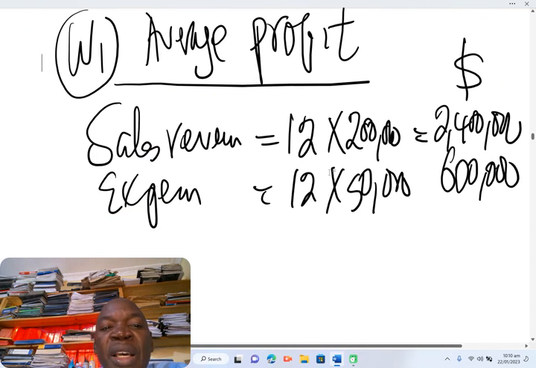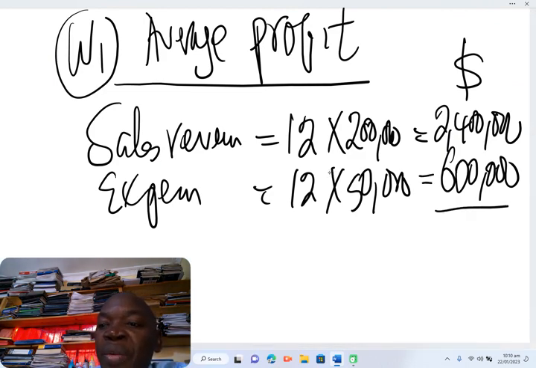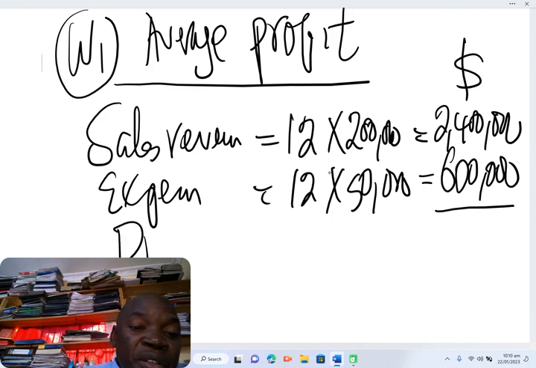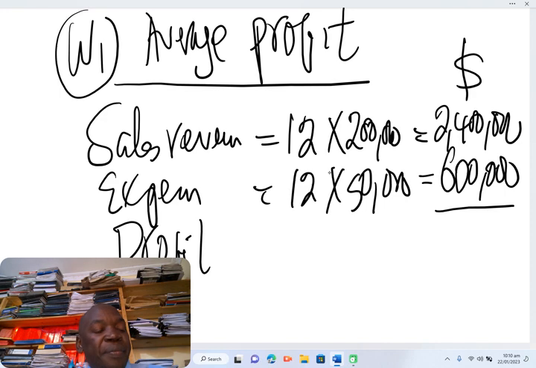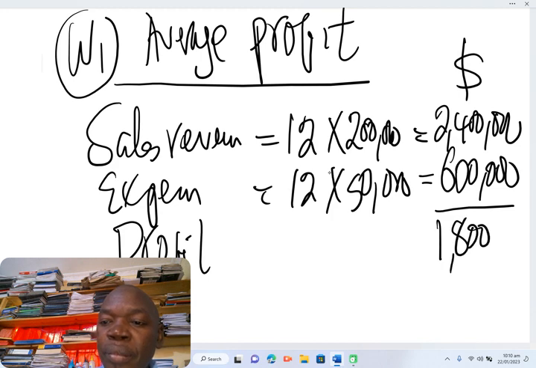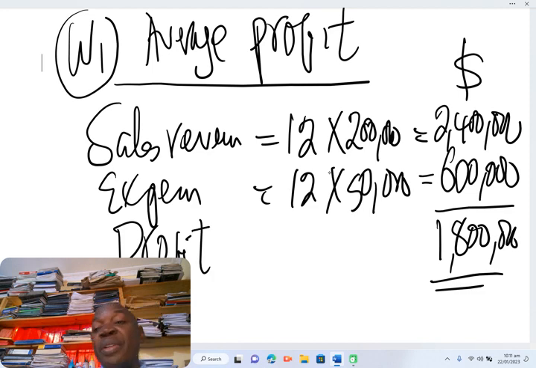This is sales for 12 months and expense for 12 months. Now, what is the profit for the period? You deduct: 2400 minus 600, you get 1800. This is the profit for the period.